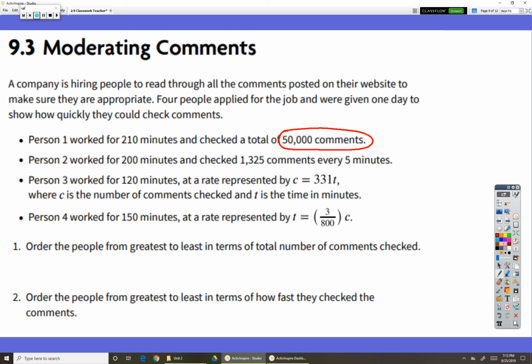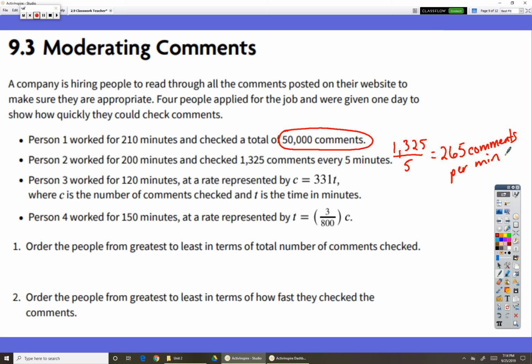So I could figure out, well, how many comments per minute is that? If I take 1,325 and I divide by 5, that's going to give me the number of comments per minute. And I get 265. So person 2 checks 265 comments per minute.